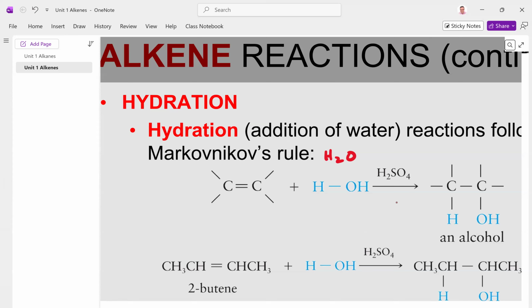So what's going to happen is one of the 50% random hits is going to have the OH on the right. The other 50% is going to be on the left. Hence, you're going to have a mixture. And we have to go through the same thing with the mixture: which is more symmetrical, and we look at Markovnikov's terminal hydrogens.